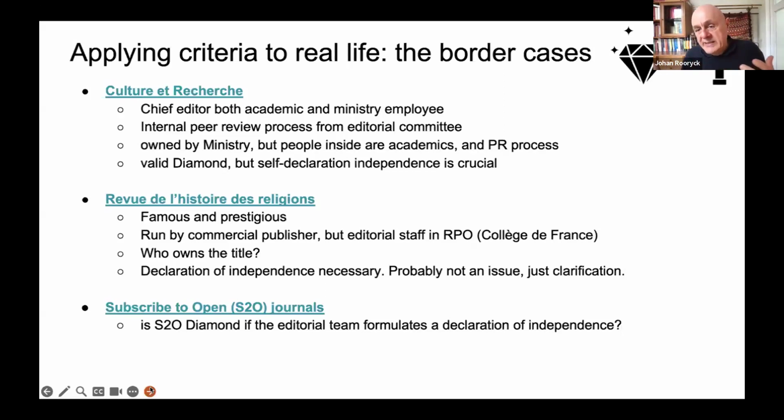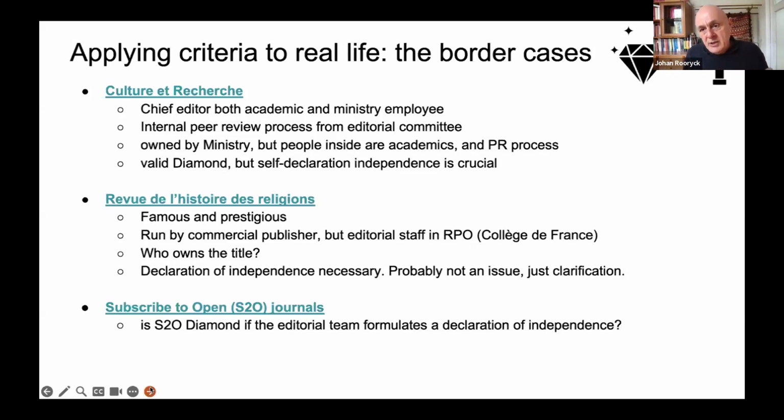And this is where this case of declaration of independence may be useful, and it's probably useful to enter a discussion with the Subscribe to Open community and with the publishers engaged in Subscribe to Open to see what they think and to see how they stand in this.